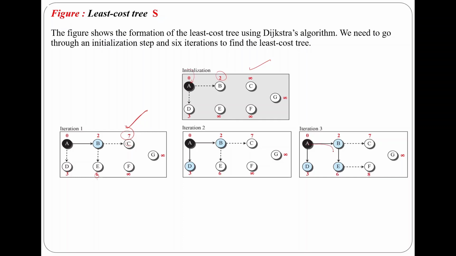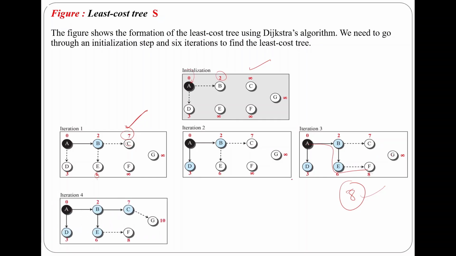If you want to reach from A to F, the total cost of that path is 8. You cannot reach from A to G in the third iteration because it is infinity. So you can have another iteration. In iteration 4, you can see the path from A to G, with minimum cost 10.